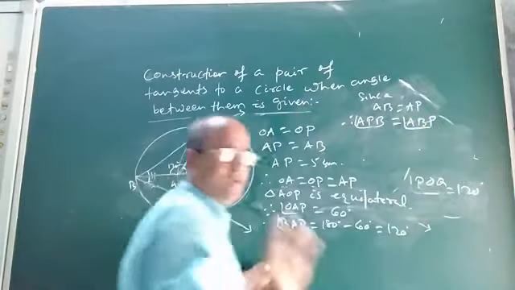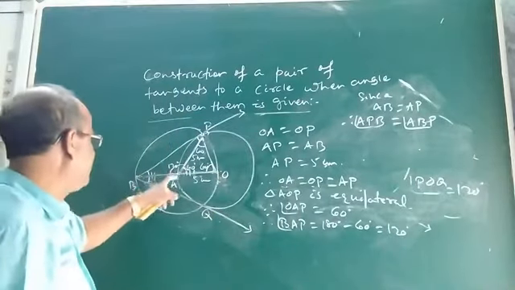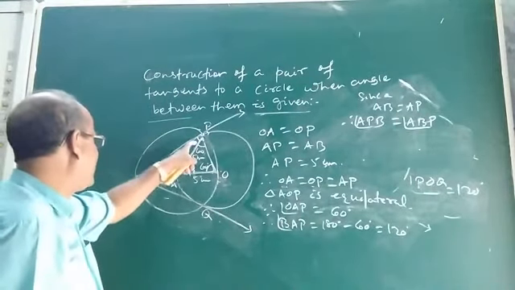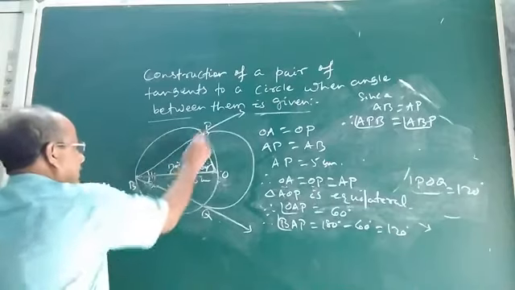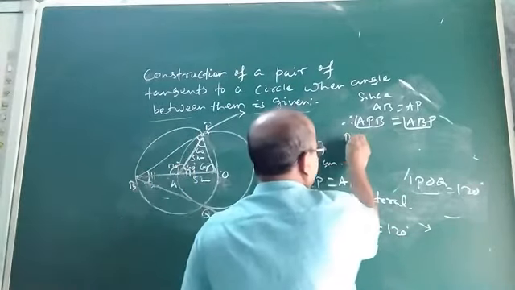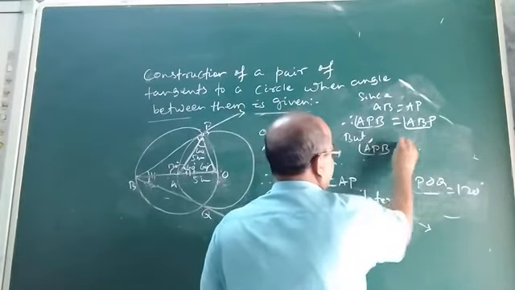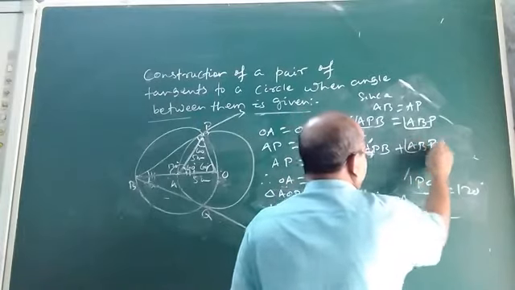As you know, in a triangle, if two sides are equal, their opposite angles are equal. So if AP equal to AB, then angle APB will be equal to angle ABP. But what is their sum?